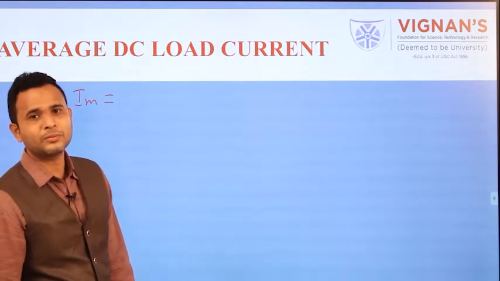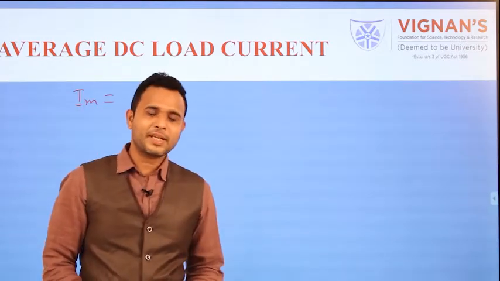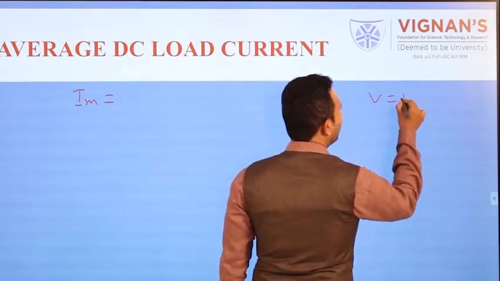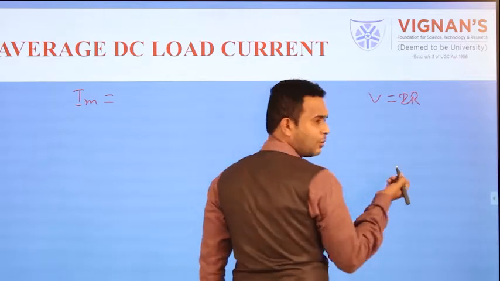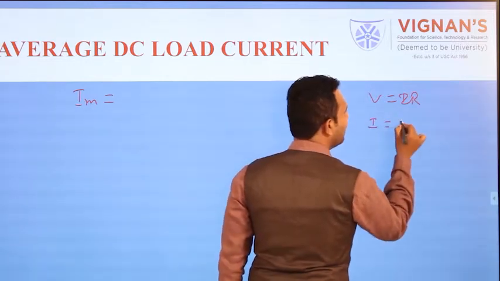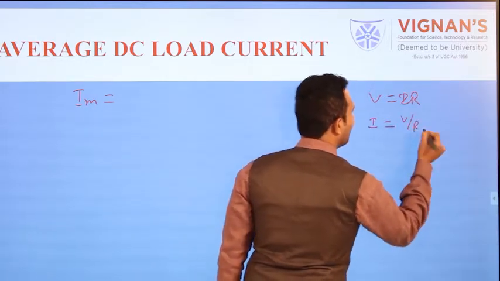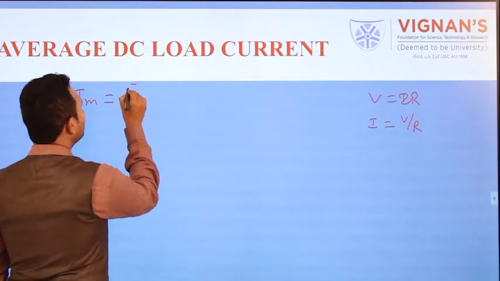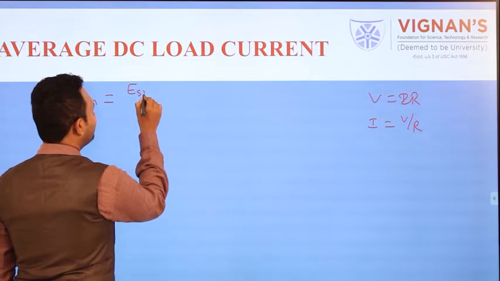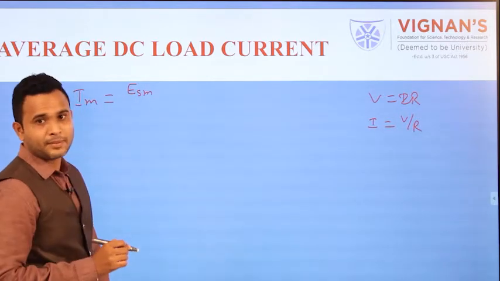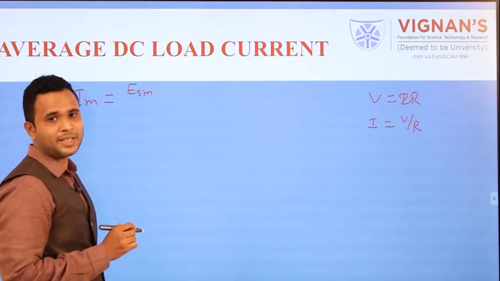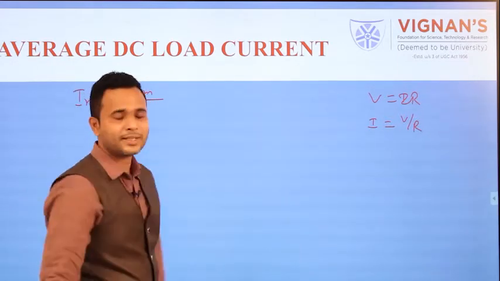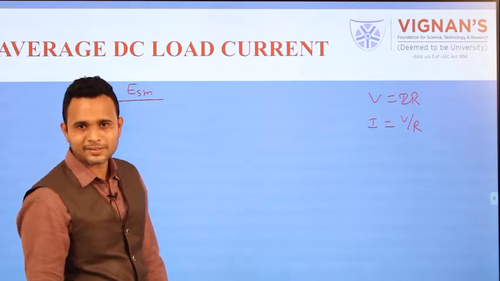The basic formula is V equal to I into R, Ohm's law, so I equal to V by R. So Im is equal to ESM, the maximum peak voltage of the secondary side, divided by the total resistance. What is the total resistance here?